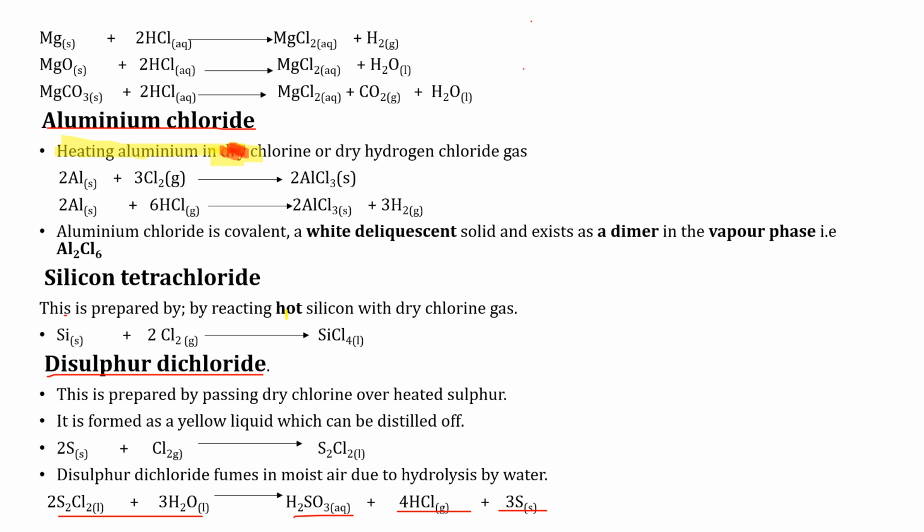That means that the mixed fumes are always this hydrogen chloride gas, and this you may do it in your laboratory if at all you can prepare these compounds, which I don't think so in most of the schools in our country. So disulfur dichloride hydrolyzes in water to form sulfurous acid. This is sulfurous acid. It's not sulfuric. It's called sulfurous acid. And it will give off mixed fumes of hydrogen chloride gas.